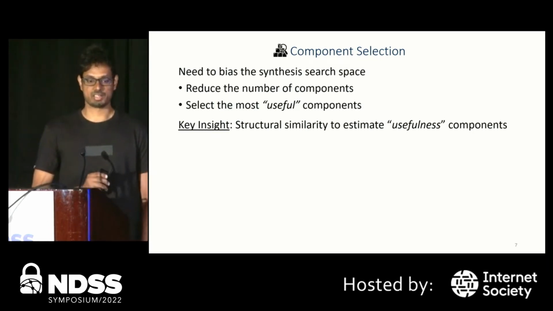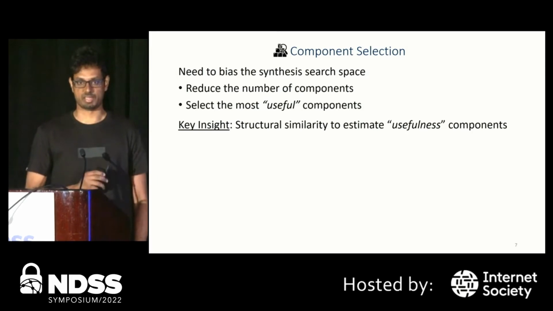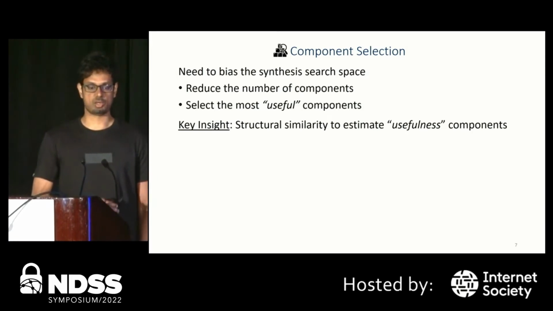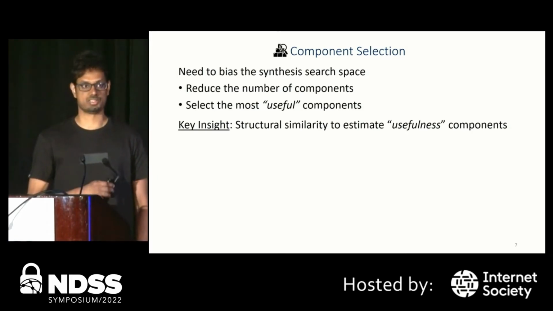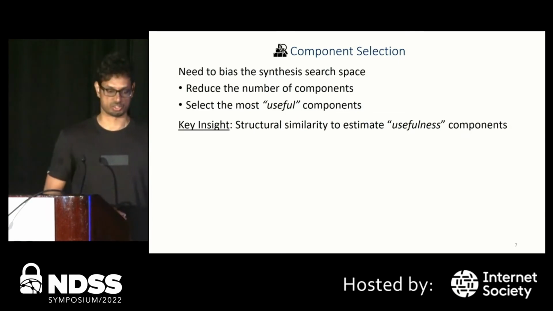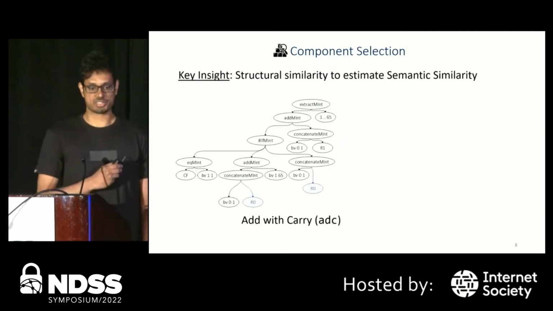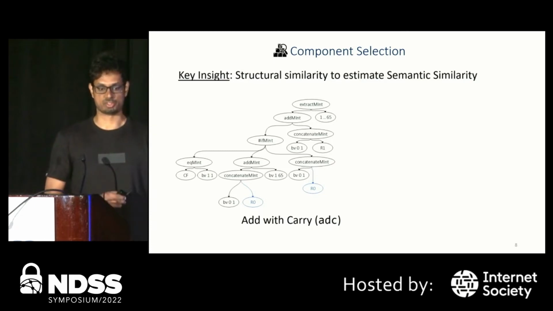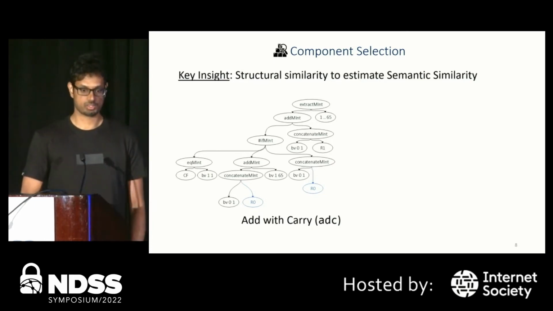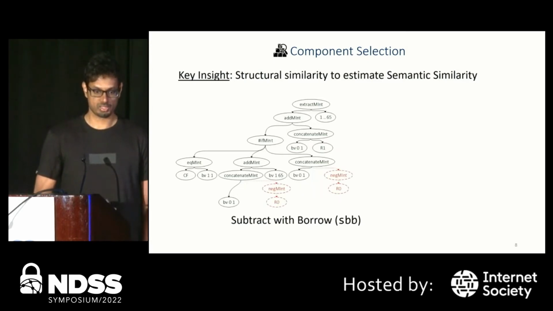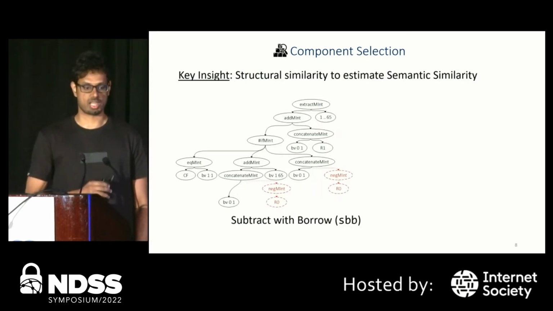Our key insight here is that we can use structural similarity between the ASTs of instructions to estimate how likely an instruction is useful in the synthesis of translation of an unsafe instruction. To illustrate this idea, here is the semantics for add with carry that we saw from one of our previous slides. If we compare this AST for add with carry with an AST for subtract with borrow, we see that there's actually a large overlap between the structure.